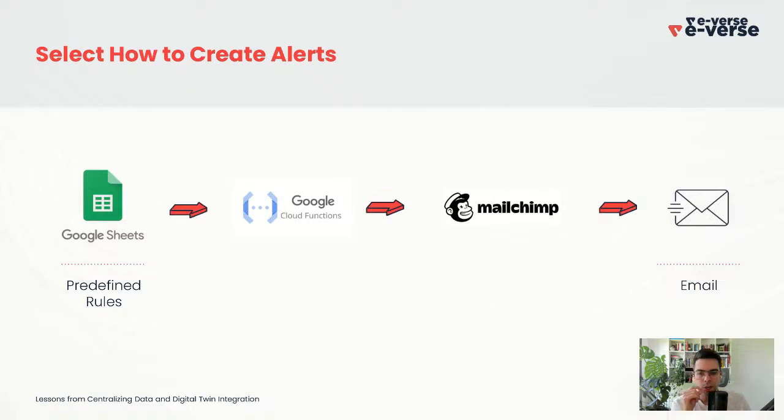And then to create alerts, given the fact that the user was already working with Google and MailChimp, the user had to define rules of the alerts on an Excel spreadsheet. So for example, hey, I want an alert on a building every time there is a certain cost or certain delay or certain something. So you define the predefined rules on the Excel spreadsheet. We read those rules a couple of times every hour.